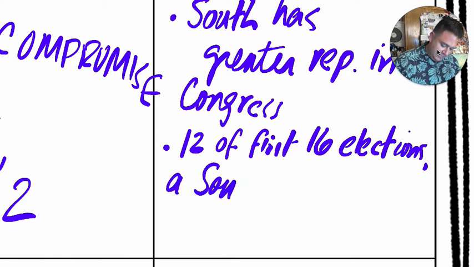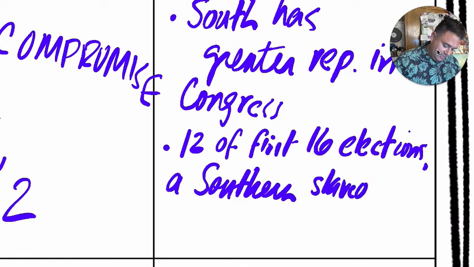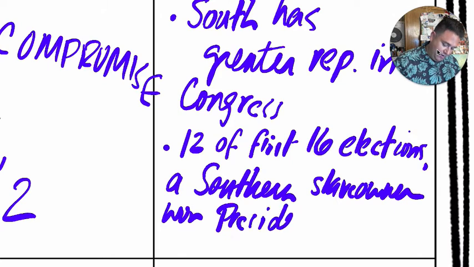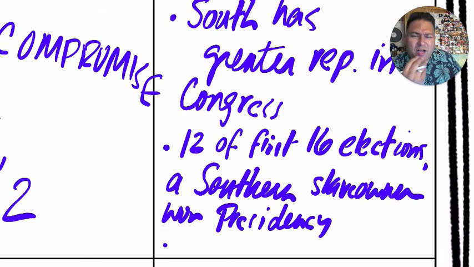A Southern slave owner won the presidency, right? It's important that we note that it's the presidency. And then maybe talk about not only the political impact, but maybe talk about the human impact as well, right?